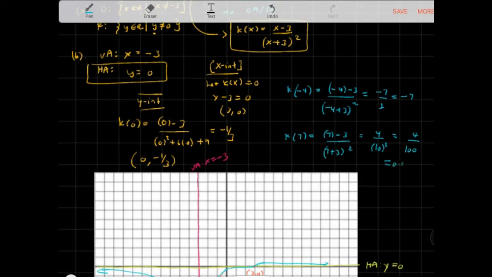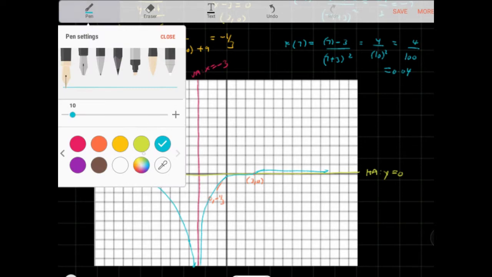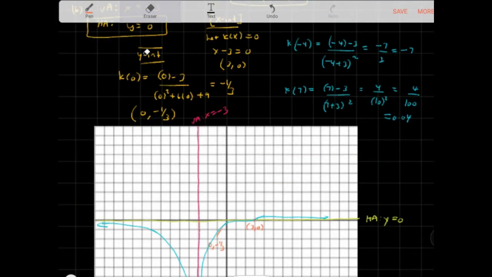So it's 0.04. It gets really close to this horizontal asymptote. That's where the exception lies, and we can also look at our end behaviors.